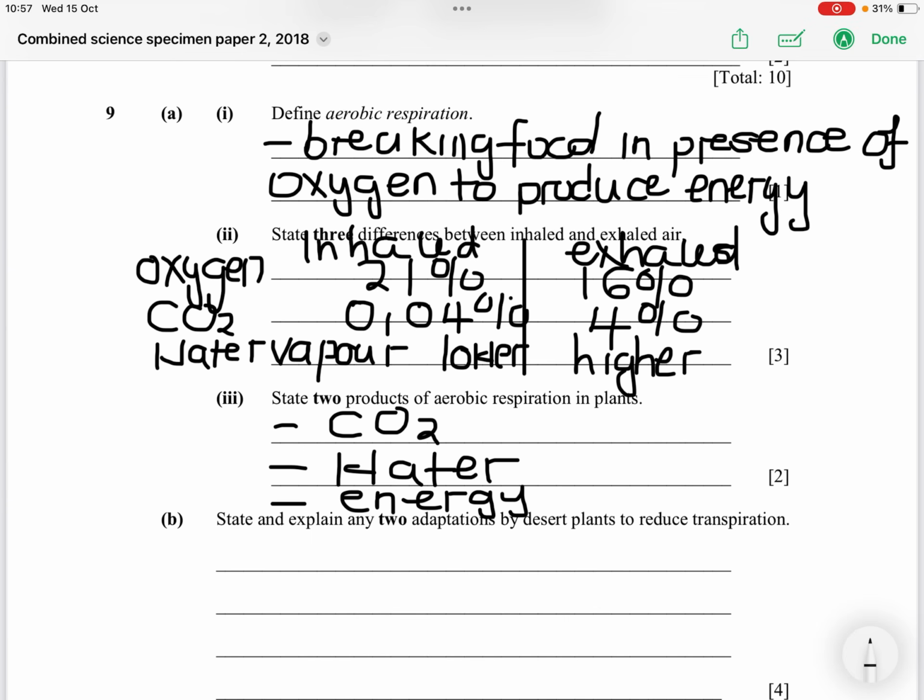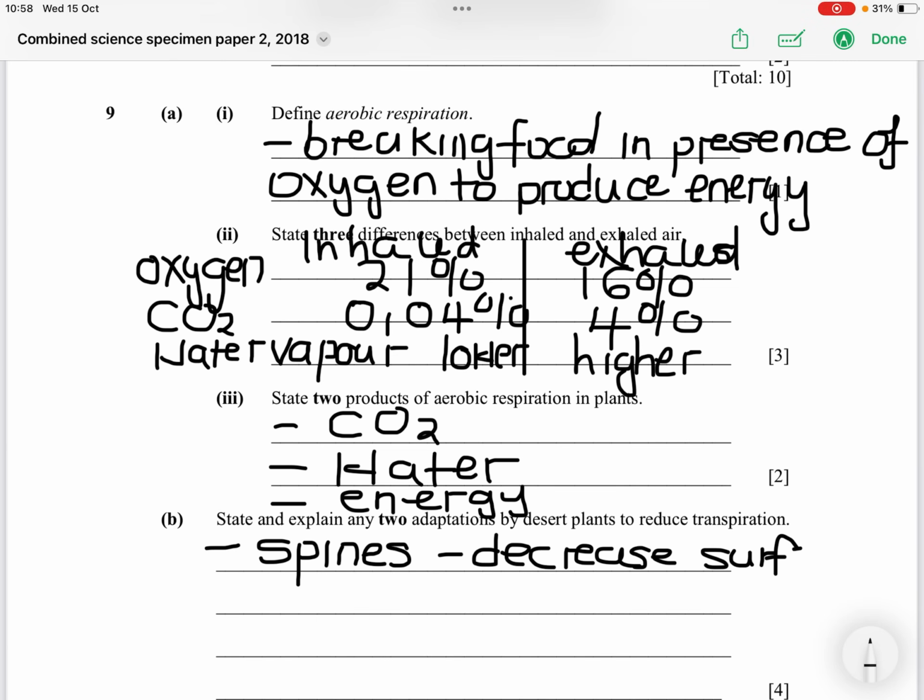So for you to get the 4 marks, you are supposed to link structure to function. So we talk about the desert plants, they have spines instead of leaves, right? The spines decrease the surface area for transpiration.